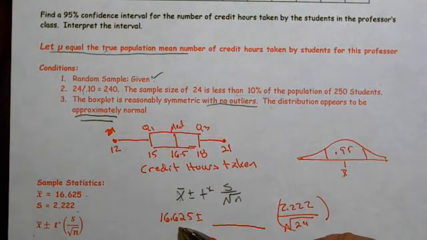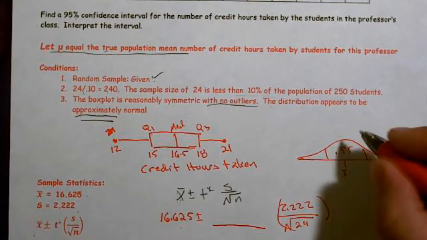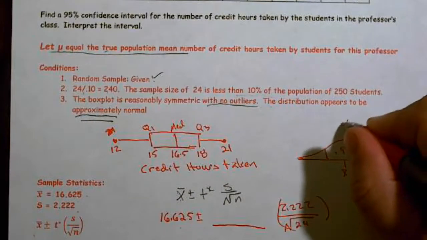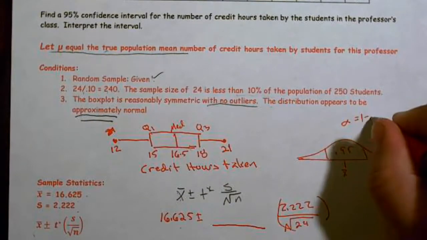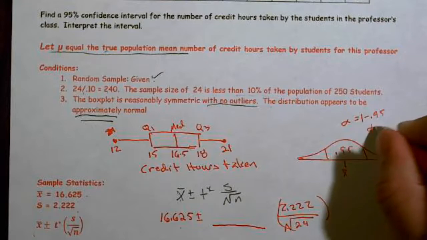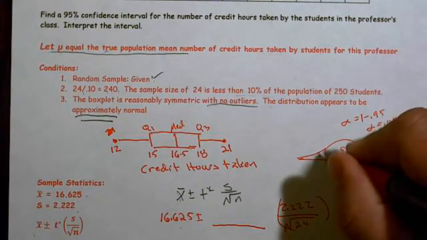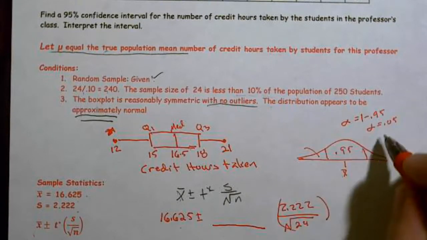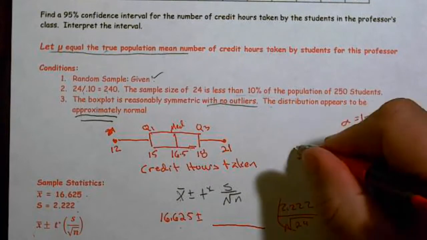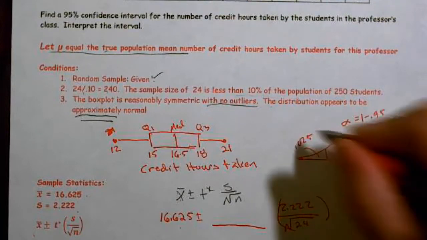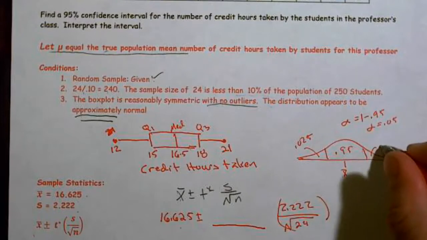And this is how much error, this is the margin of error. And alpha equals 1 minus 0.95. So our alpha equals 0.05. And that's just the area in the tail. Well, since we have two tails, this is going to be 0.025, which is half of 0.05. And this is the other 0.025.